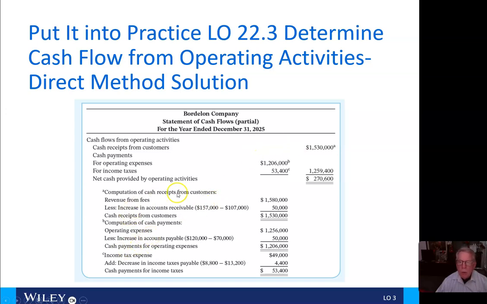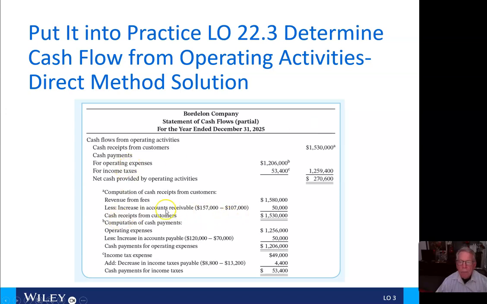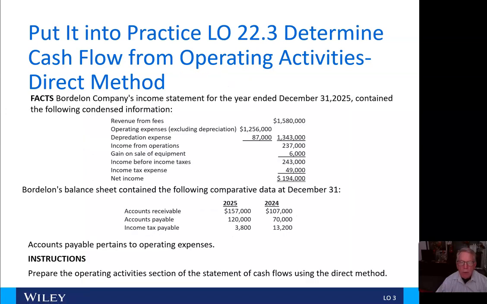We compute that by taking the revenue from fees, and we get that here, less the increase in accounts receivable, the difference between $157,000 and $107,000, which is $50,000. We subtract that to get to the cash receipts from customers. And those accounts receivable numbers are here, of course, in the previous slide.